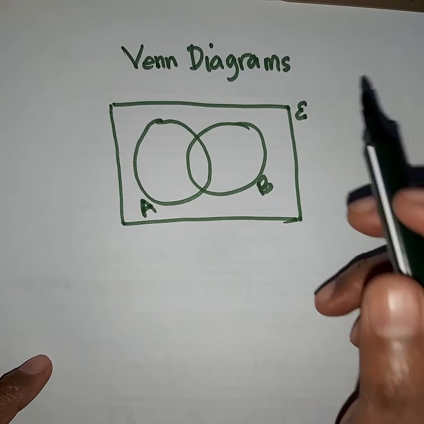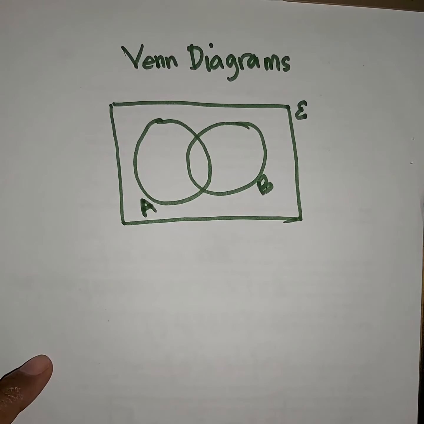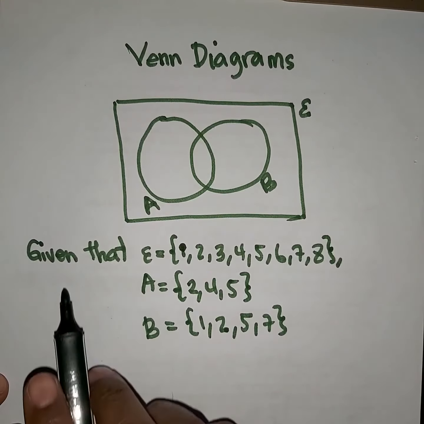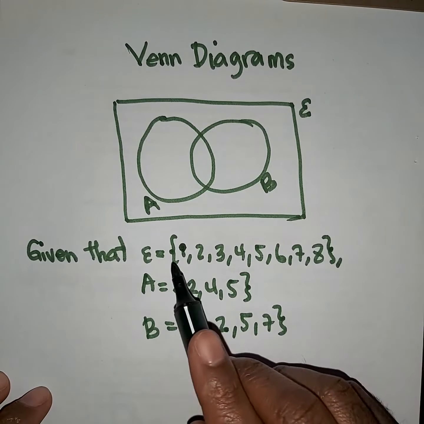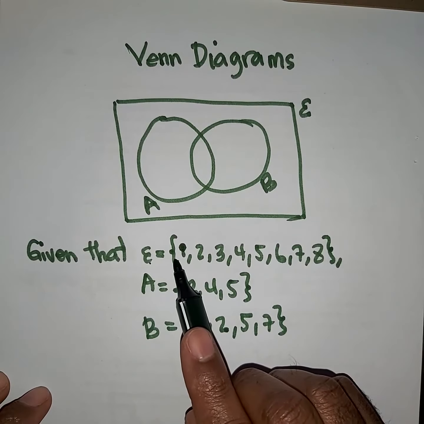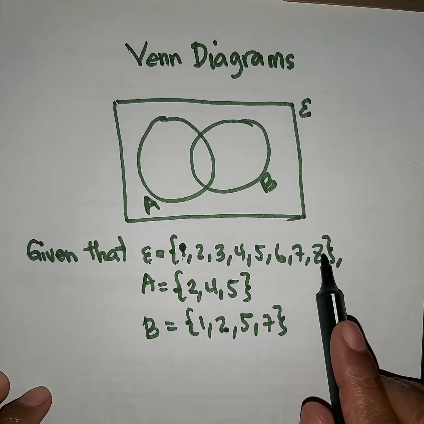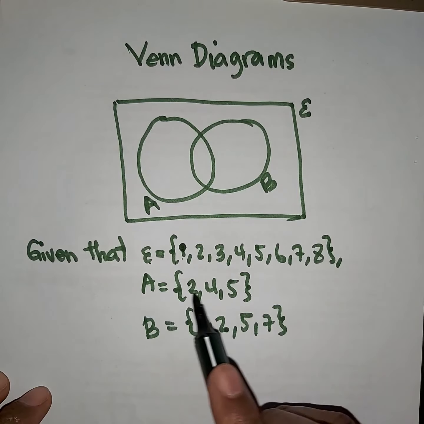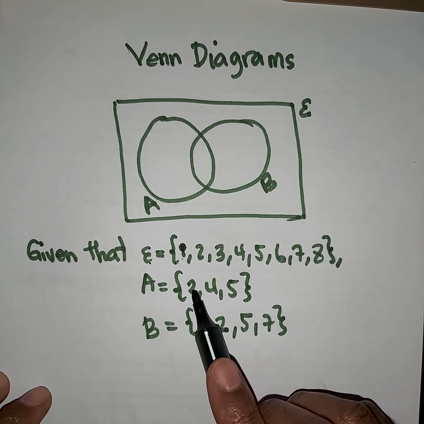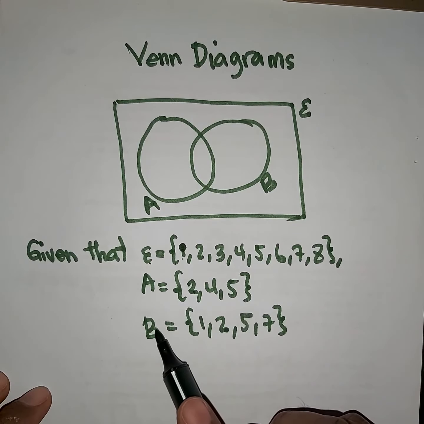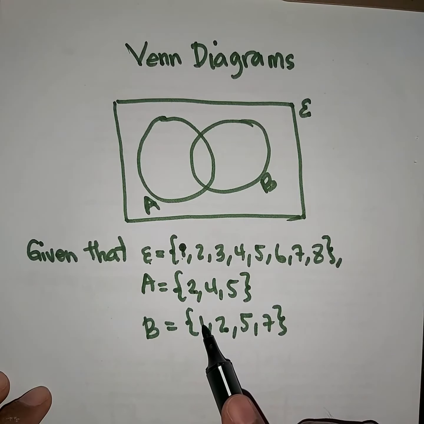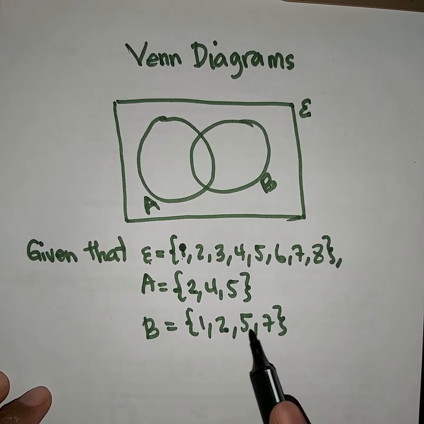Okay, let me give you one example. Given that the universal set is equal to the set 1, 2, 3, 4, 5 all the way to 8. Set A is the set having elements 2, 4, and 5. Now set B has elements 1, 2, 5, and 7.